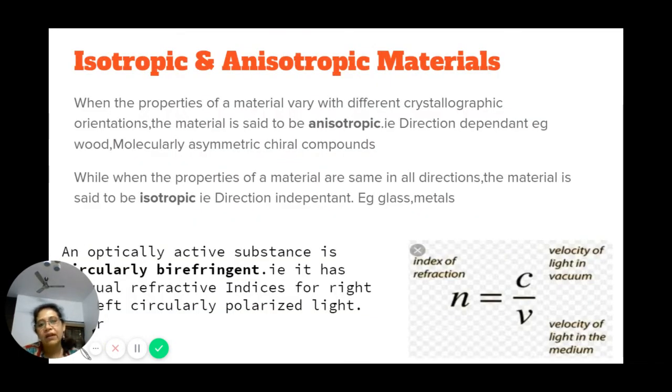Now let us look at what are isotropic and anisotropic materials.